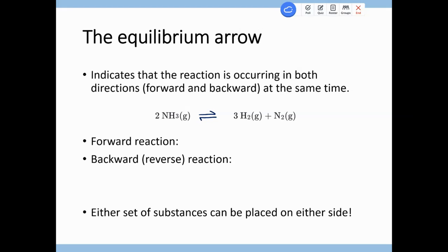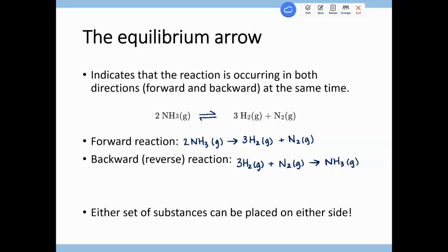If we have NH3 on the left side, that means that the forward reaction is NH3 forming H2 and N2. The reverse reaction are the products forming reactants, so H2 and N2 forming NH3.